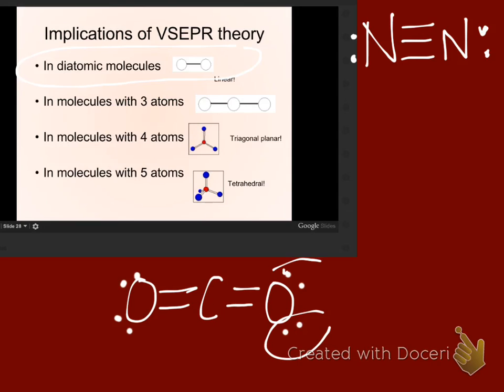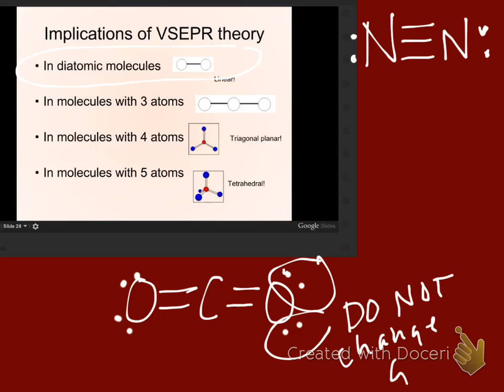So these guys do not change. The only place we're looking for unshared pairs to change geometry is on the central atom. But if we've got three things hooked together, that's going to be a linear molecule.